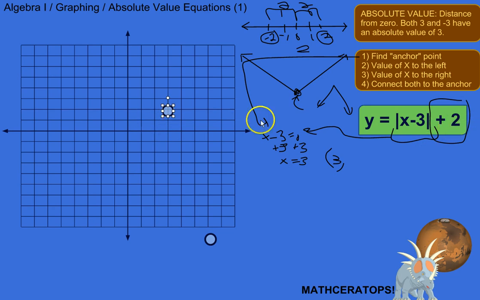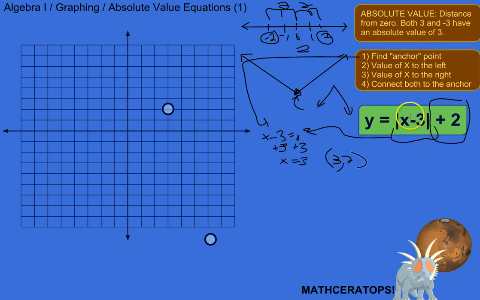If it were negative 2 out here, I would shift it down 2. That's all that's happening. This is a vertical shift, either up or down. So in this case, our anchor point is at 3, 2. It's shifted up 2. So that's step 1, finding the anchor point.